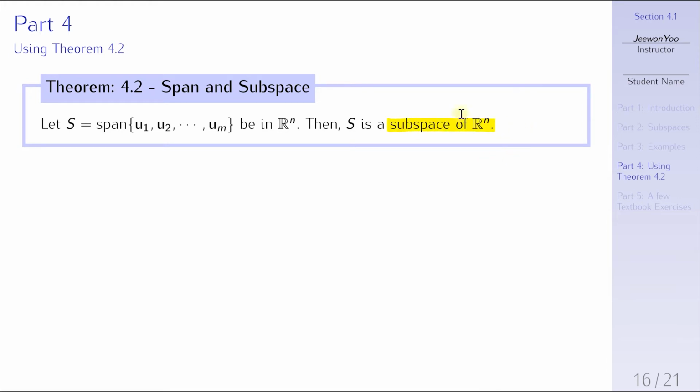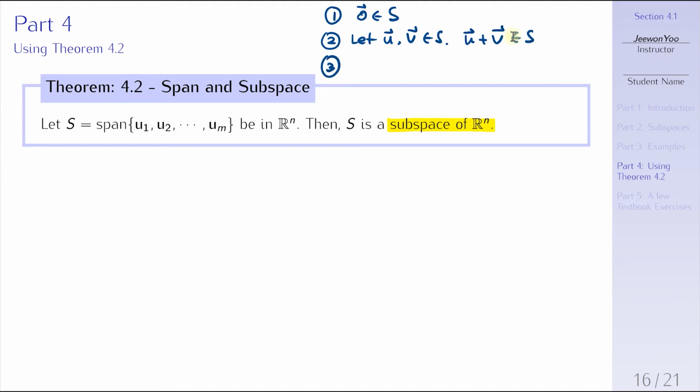Everyone, our goal is to show that this set is a subspace of Rn. And you know that whenever we want to prove a set is a subspace, we have to check the following three things. As you know, the zero vector must be in the set. Suppose we pick two arbitrary vectors in the set S. Their addition, u plus v, must also be in that set.